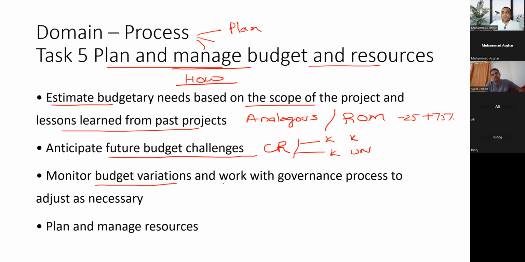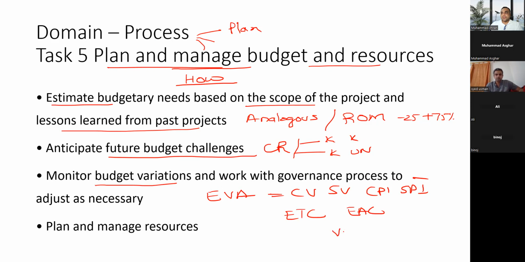And then we have to keep monitoring budget variations, which means earned value analysis, where we can check cost variance, schedule variance, cost performance index, and schedule performance index. Based upon that, we can forecast: ETC, how much work is remaining; EAC, how much money is required; or variance at completion, what is the extra amount needed beyond the planned amount; or I can use TCPI, where the remaining work is divided by the remaining funds to find out how much budget we need to complete the project.